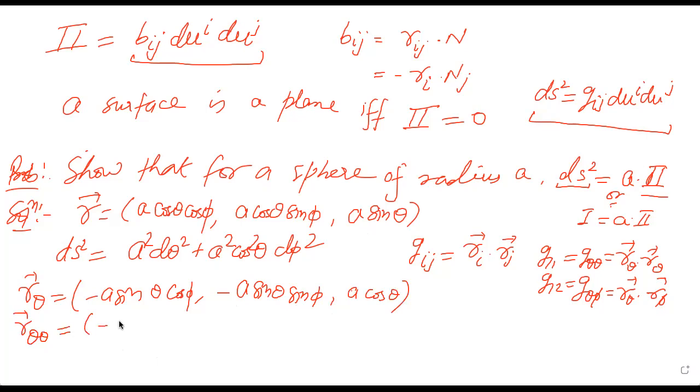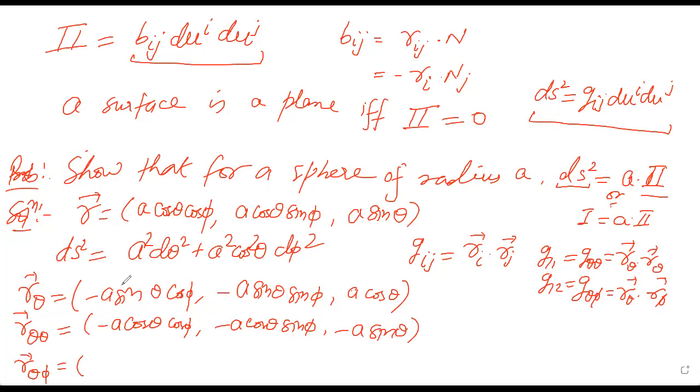Then you can find r_θθ. So r_θθ will be minus a cos theta cos phi, minus a cos theta sin phi, and, sorry, 0 will not come, we are differentiating with respect to theta again, so minus a sin theta. Similarly, you can find r_θφ. Now differentiate this with respect to phi.